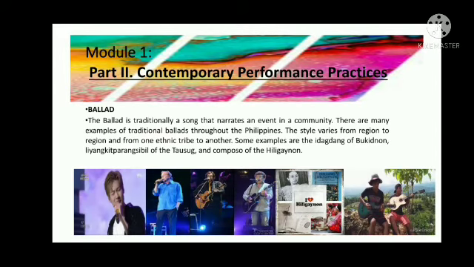Next, we have ballad. The ballad is traditionally a song that narrates an event in a community. Traditional ballads are narrative folk songs. Simply put, they are folk songs that tell stories.